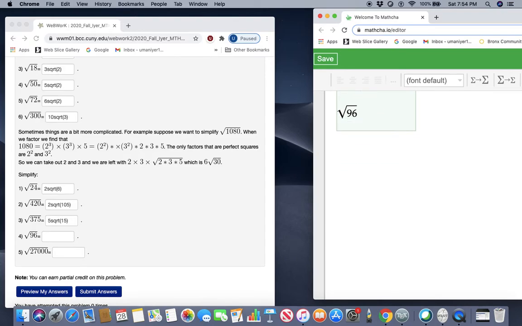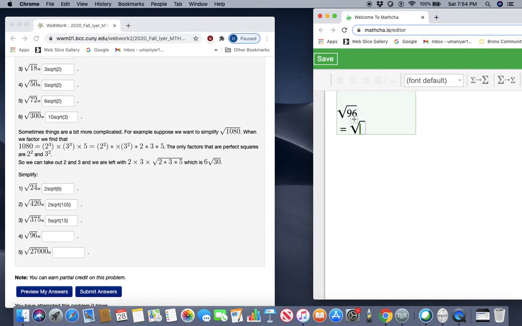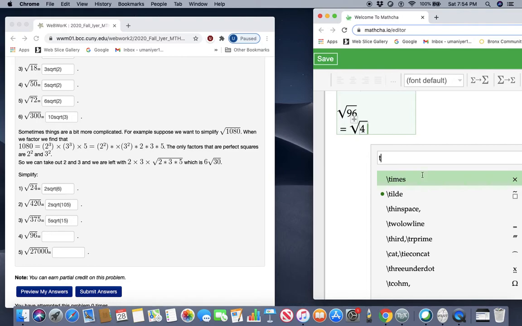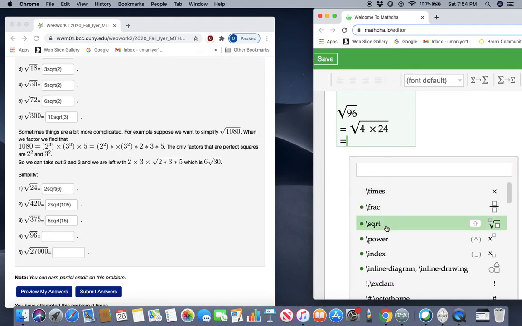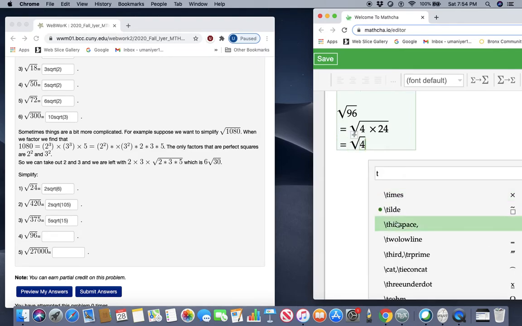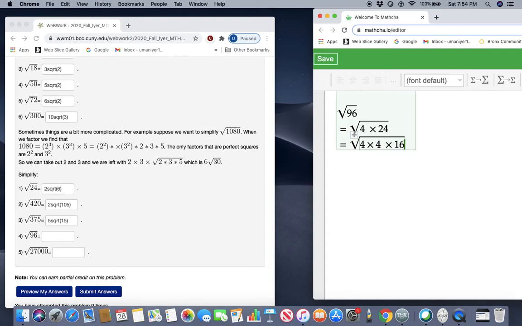Square root of 96. Square root of 96 equals, notice 4 is a factor, 4 times 24, okay? So that is equal to square root 4 times 24, which has another 4, 4 times 6 is 24.